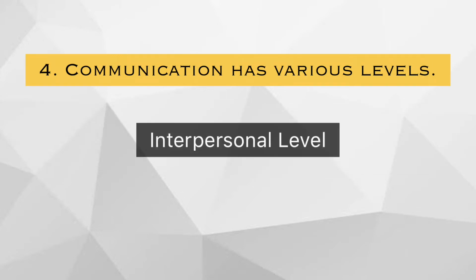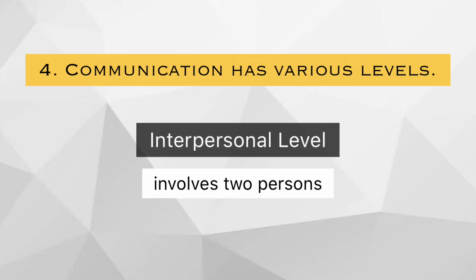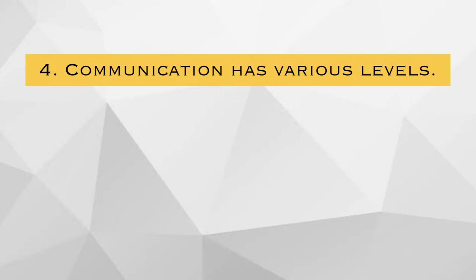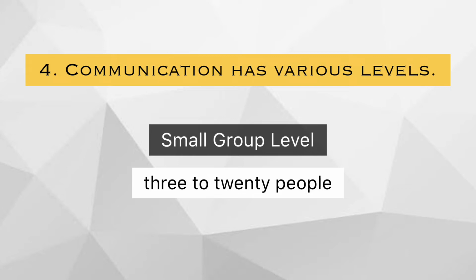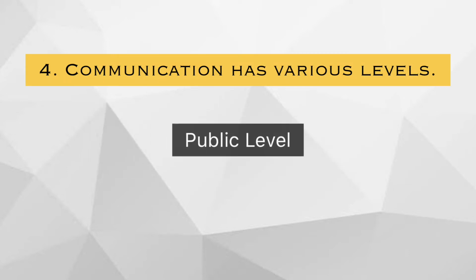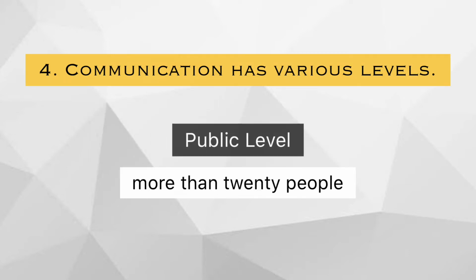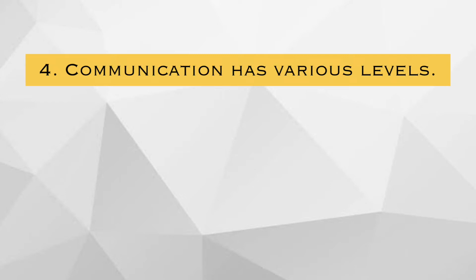The interpersonal level involves two persons who interact with each other, usually based on common communication goals. The small group level involves 3 to 20 people, while the public level involves more than 20 people, in the case of a public official delivering a speech to an audience. Those are the different levels of communication.